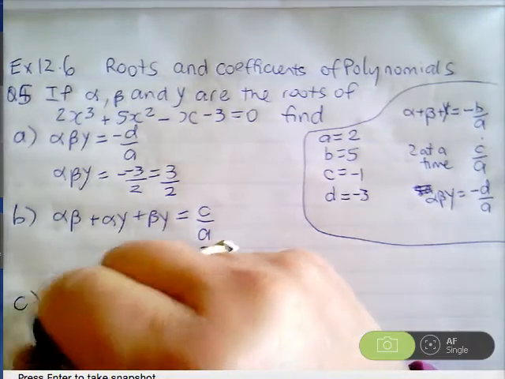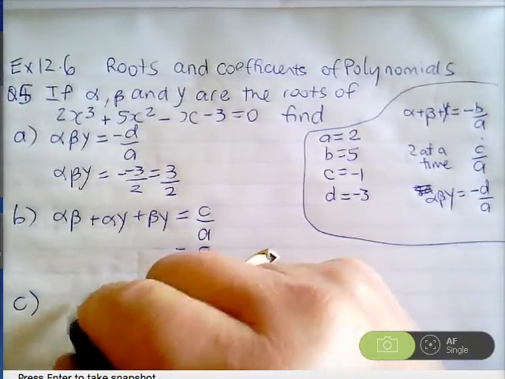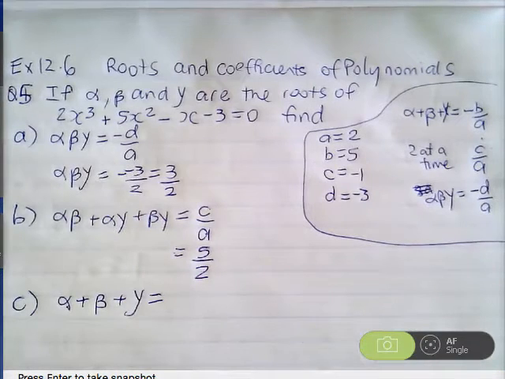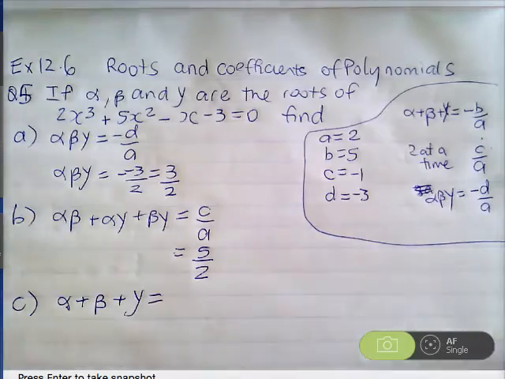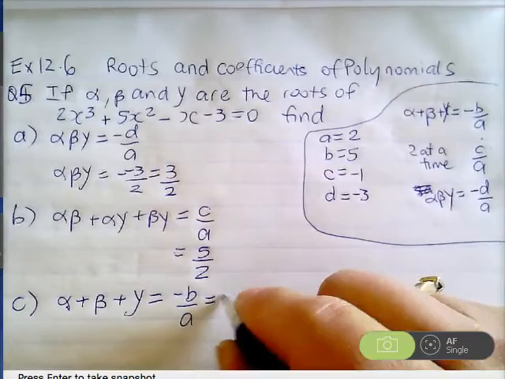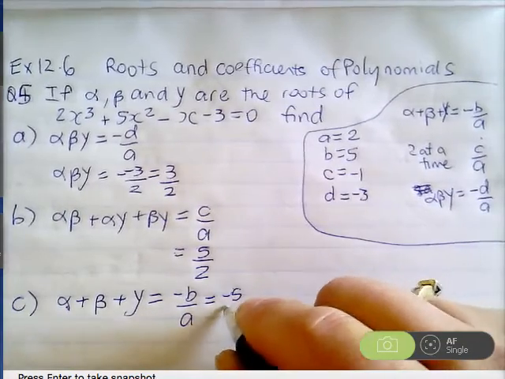I'll write question C for those that are waiting. Question C happens to be what? Sum of roots. How many at a time? That's the normal one. Minus b on a, which happens to be minus 5.